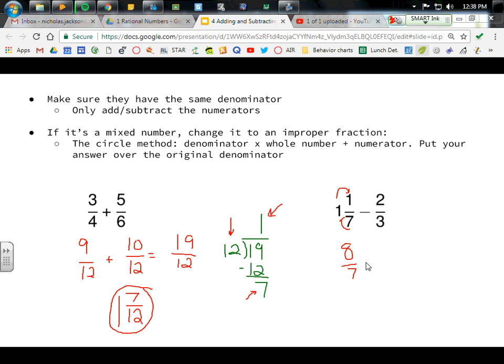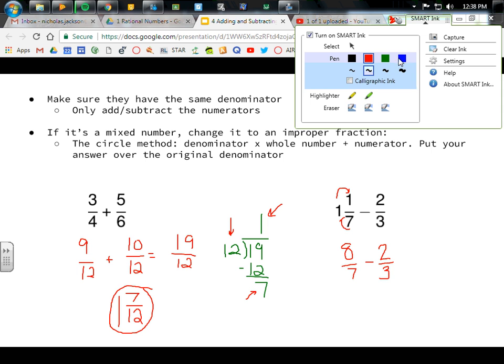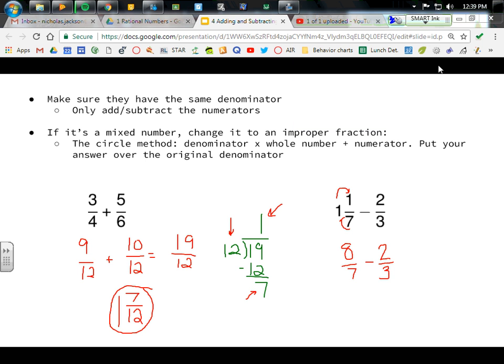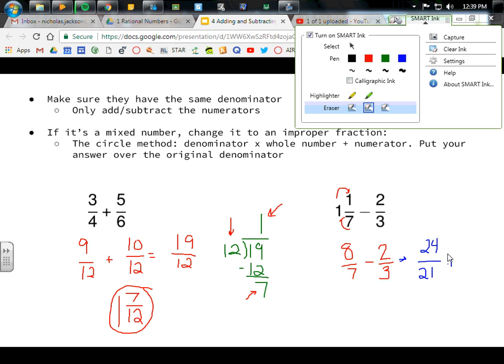All right, so we've got 8/7 minus 2/3. But we still don't have common denominators. If you make your list of multiples, you will see that the lowest common denominator between 7 and 3 is going to be 21. So 8/7 will become 24/21, and 2/3 will become 14/21.